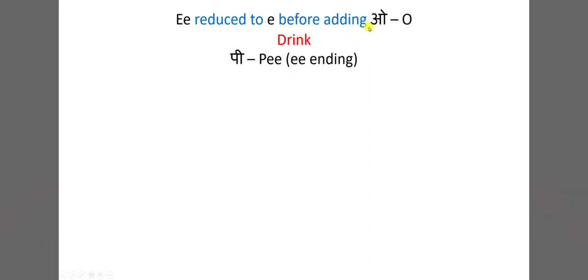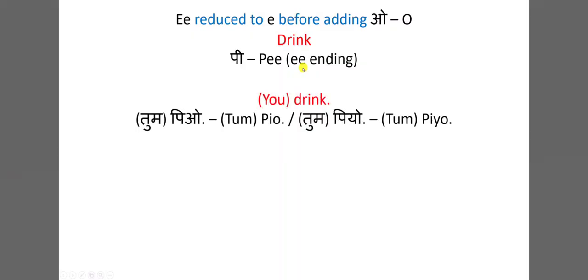So before adding o, we reduce the ee to i. So, you drink is tum piyo. Okay? Piyo. This is one more version that people use. Okay? Both are same. Piyo or peeyo.